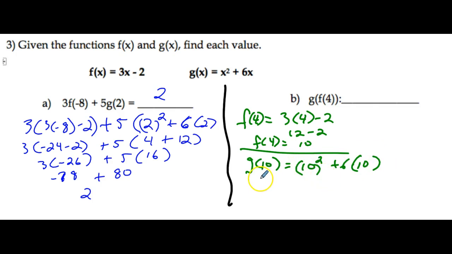Actually it's g of f of 4. Bottom line, this is 100 plus 60, or 160. Hit pause if you need to, otherwise we'll move on to number 4.